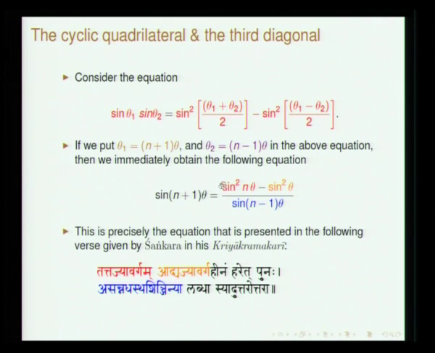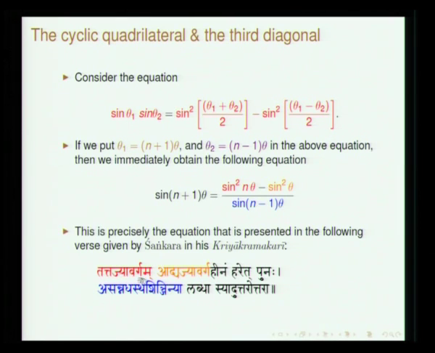If you look at this equation, if you know the previous value, then you will be able to immediately get the next value of the sine. So, asya upayogaha, that is what he says in constructing the sine table, okay. So, this is one way of doing, and this has been stated in this verse by Shankaravacharya.